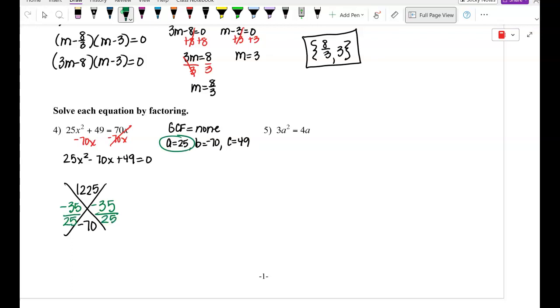I know that 25 doesn't divide evenly into 35, but it can be reduced. What divides into both 35 and 25 evenly? 5. So both of these can be reduced down to negative 7 over 5.